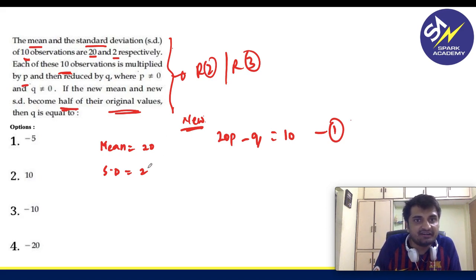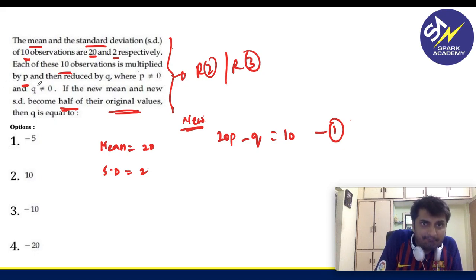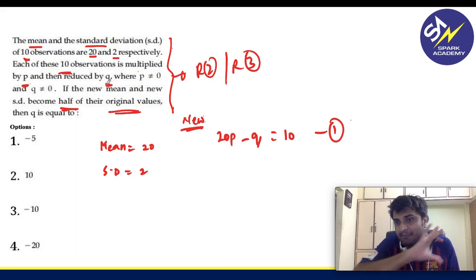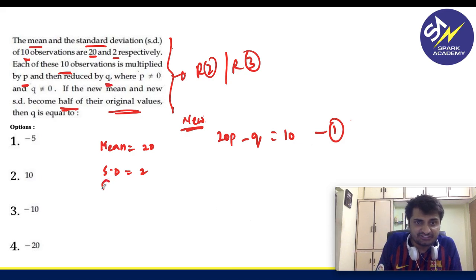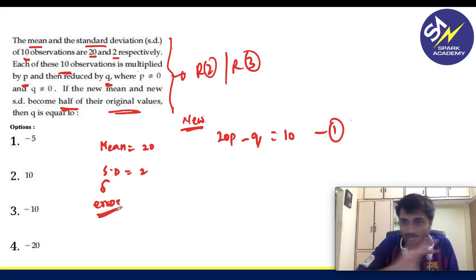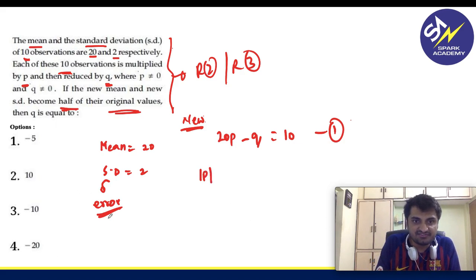The new mean is half of the original value, which means this is 10. This I can write as the first equation. Now what about the standard deviation which is given, right? If each is multiplied by p and reduced by q, reduction makes no difference. Standard deviation means it's error. If you are multiplying, you will get mod p, that's it. Because error can either be a positive error or a negative error.